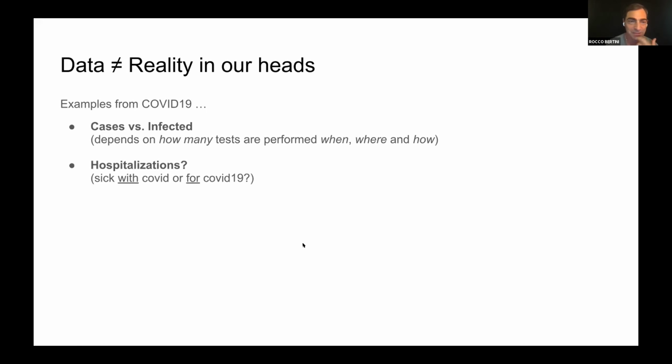Hospitalizations. I think we all heard this old debate about whether somebody's hospitalized with COVID or for COVID, right? That's another element of uncertainty. A few days ago, I saw this really interesting article from the Financial Times where, if you focus on people above 65 years old, there are regions where people have more than 100% vaccine uptake.